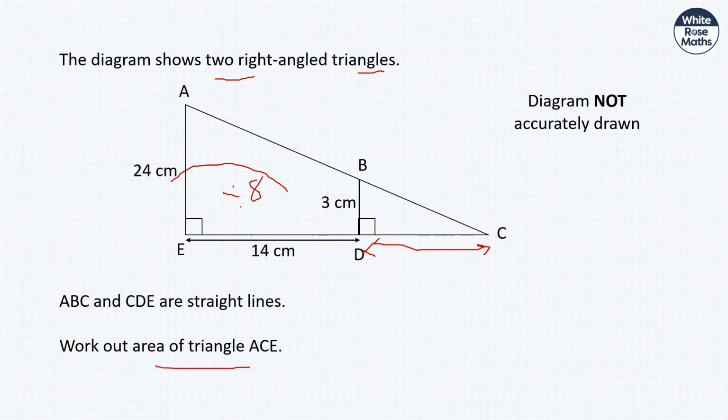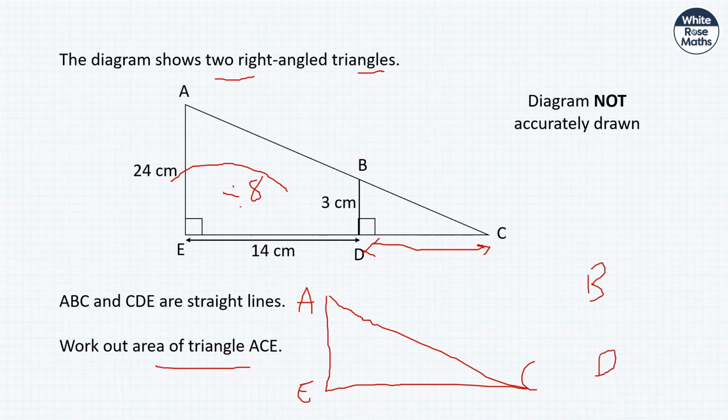So this is my big triangle, guys, EAC, and BDC is my smaller triangle. So I've got 24 here and I've got 3 here. To go from here to here, I've divided it by 8.